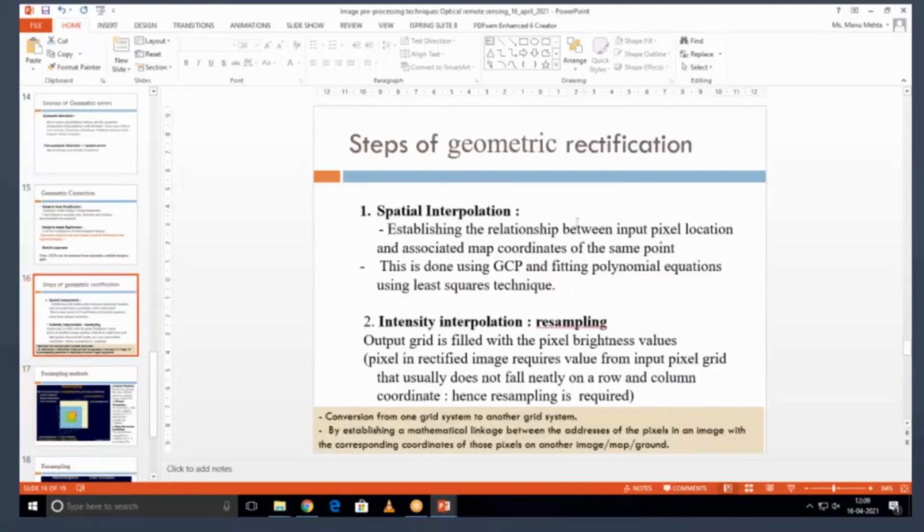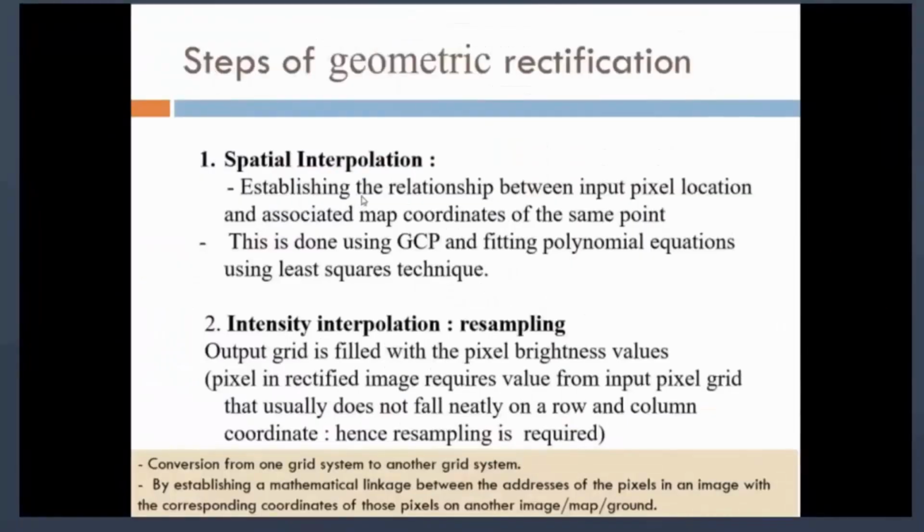As I said, in spatial interpolation, we establish a relationship between the input pixel location and the associated map coordinates of the same point, that is your GCPs, right? So this is using ground control points. We choose some points which are visible clearly on the raw data as well as on the reference image.